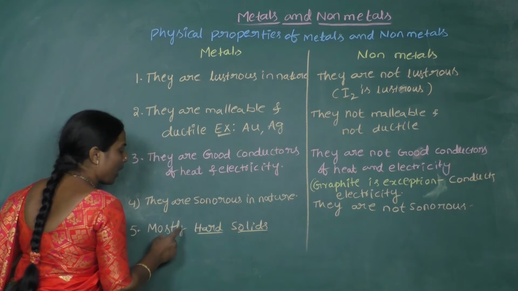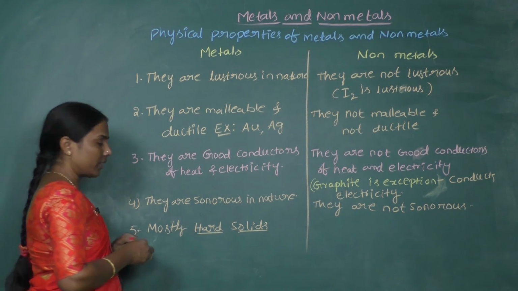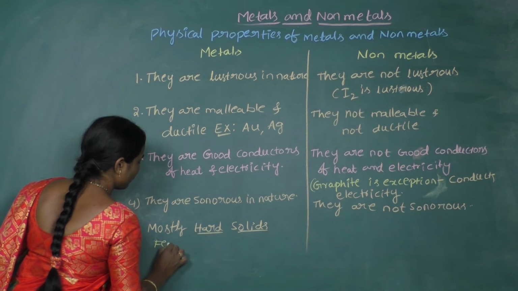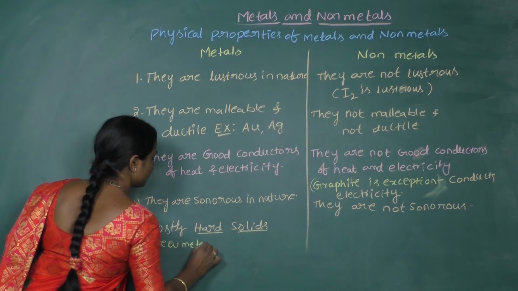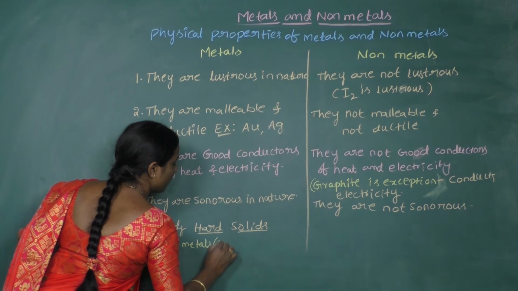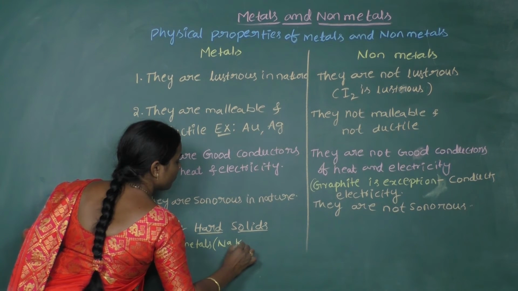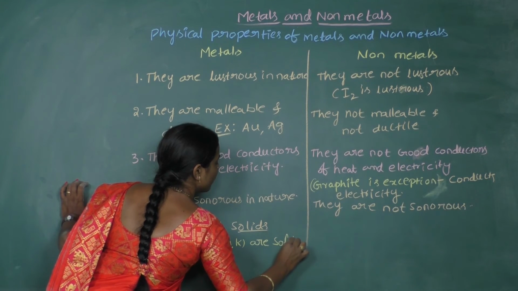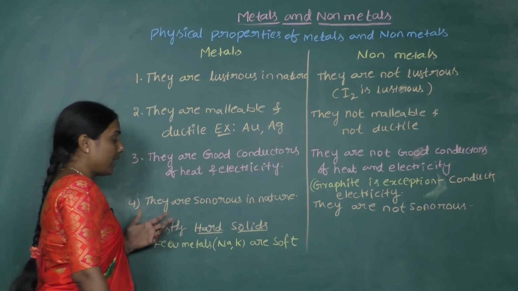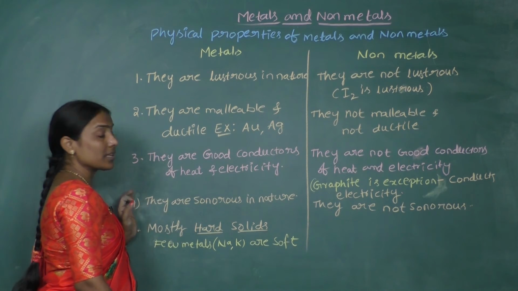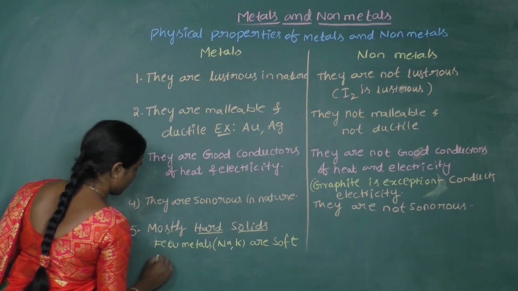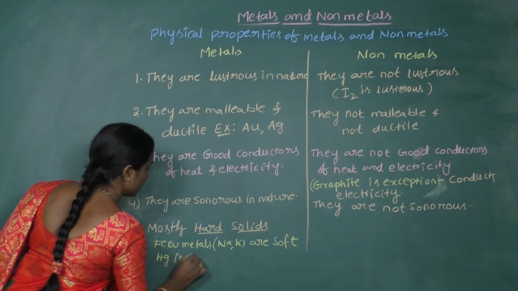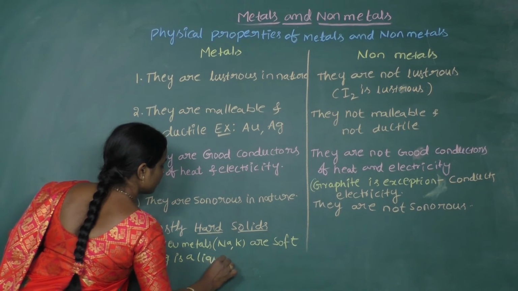Almost all metals are hard, but a few metals, for example sodium and potassium, are soft. They are not hard. Right? And all metals are solids. The exception is mercury. Mercury is a liquid.